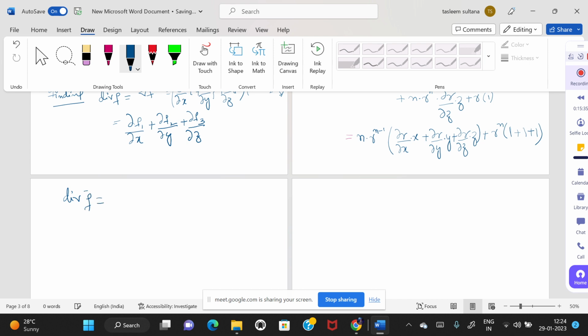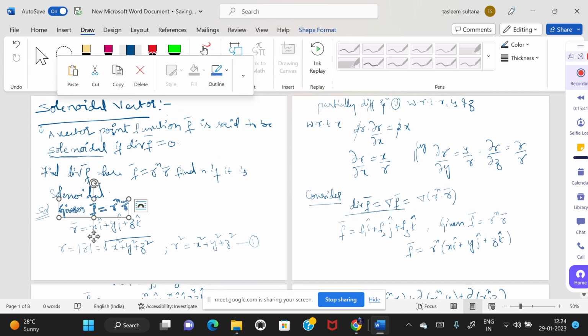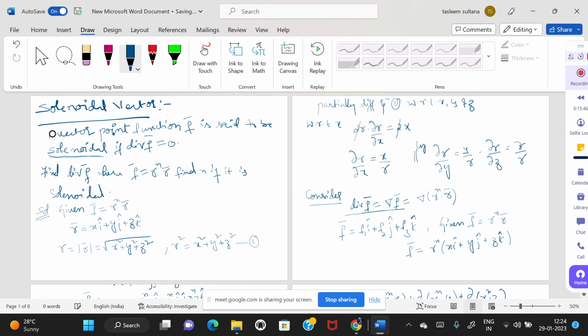Divergent of f vector is equal to n into r to the power of n minus 1 times dou r by dou x. From here we got dou r by dou x equals x by r, y by r, z by r.